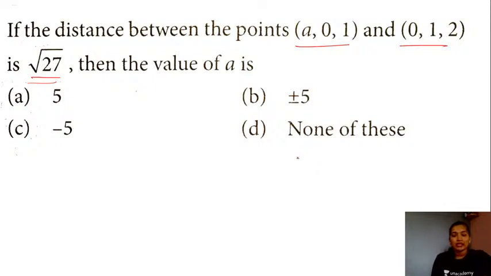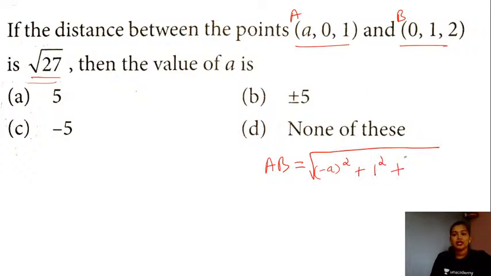Let me quickly revise the distance. So this is points A and B that we are taking. The distance will be equal to root of (0 minus a) the whole square, which is minus a the whole square, plus (1 minus 0) the whole square, which is 1 square, plus (2 minus 1) the whole square, which is again 1 square.